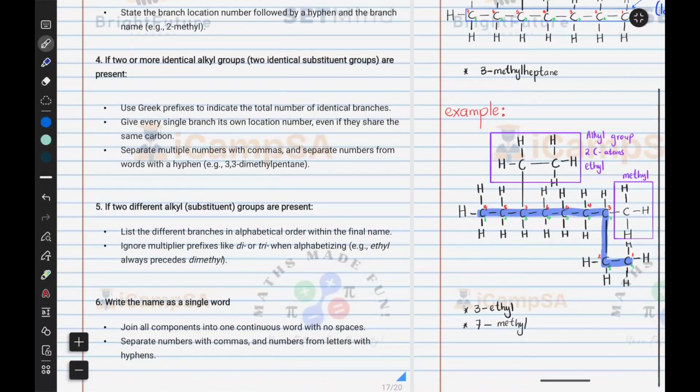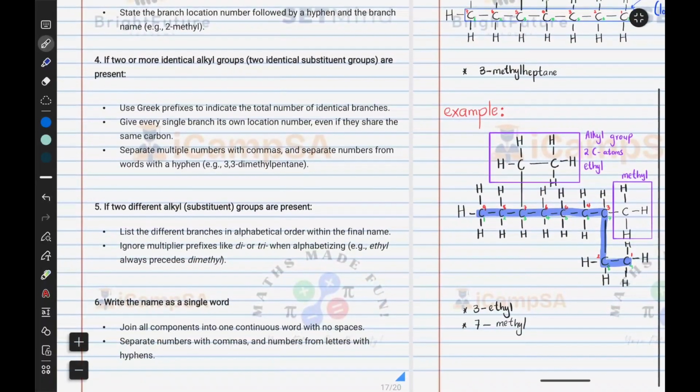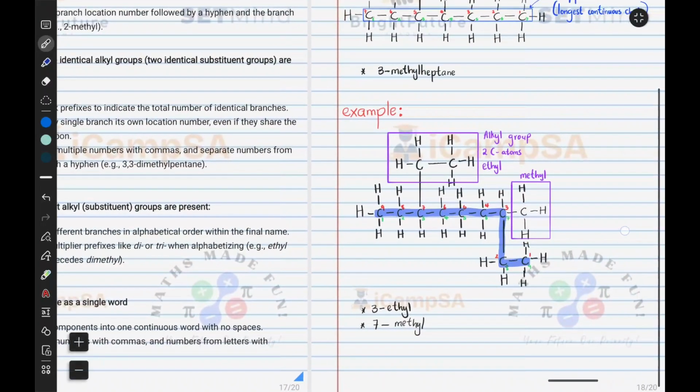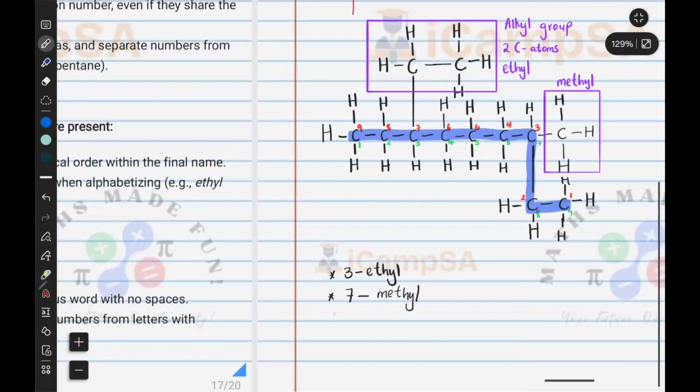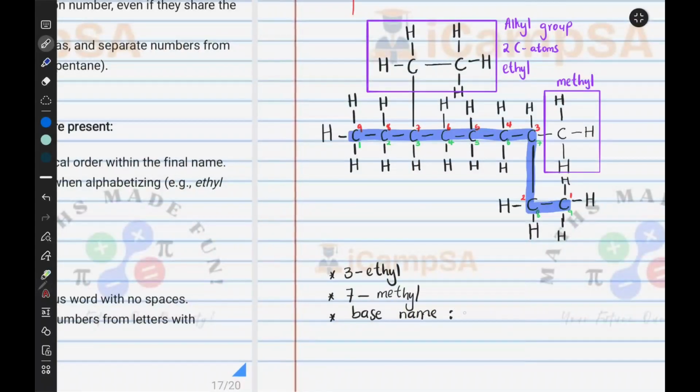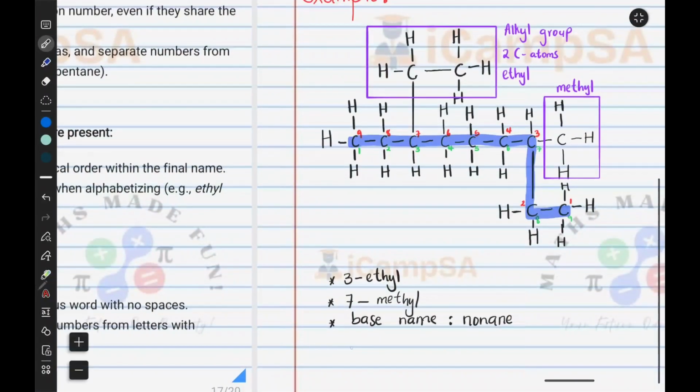All right, so what it then boils down to is now we can combine these because we have the base name. Remember, our base name is nonane, because we have 9 of the carbon atoms on that long continuous carbon chain. So now we can start combining them. So it means our full name now will be 3 ethyl, right?